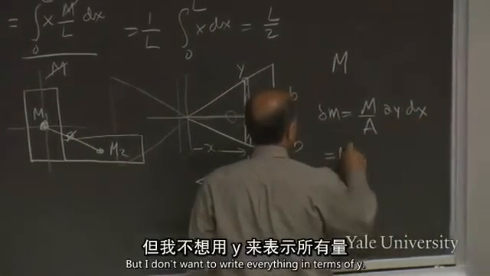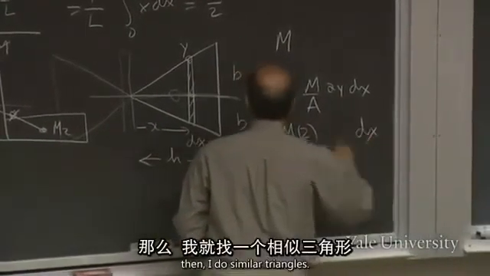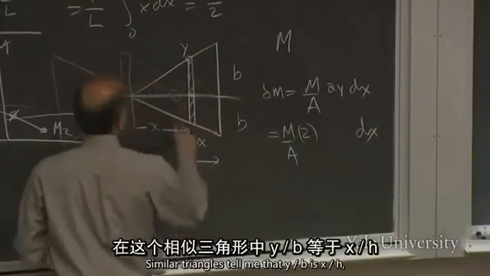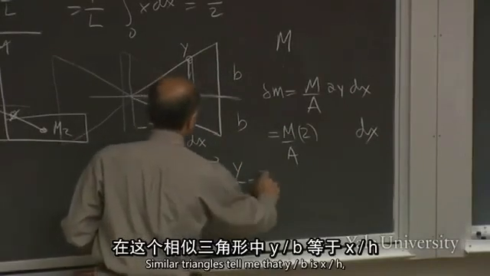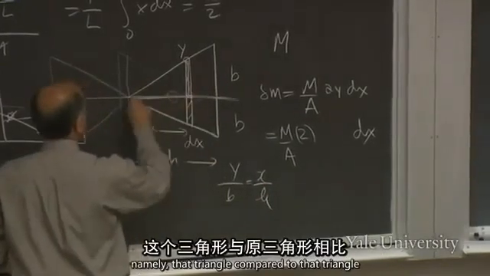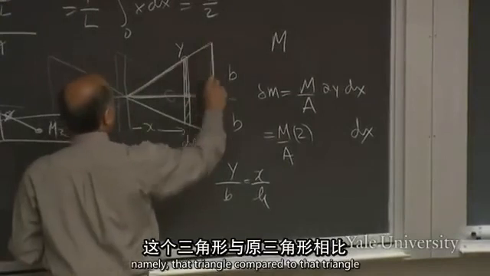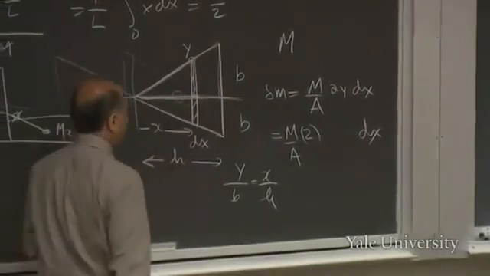But I don't want to write everything in terms of y. I want to write it in terms of x. Then I do similar triangles. Similar triangles tells me that y over b is x over h. Namely, that triangle compared to that triangle tells me y divided by b is x divided by h.